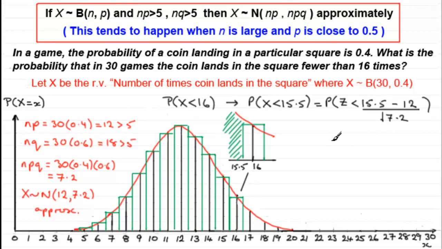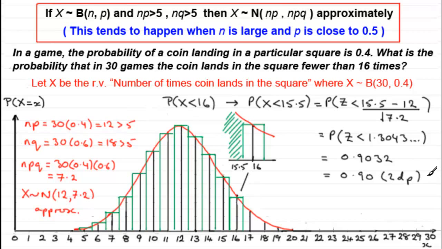And if you work this out, this works out to be a standardized z value of 1.3043, and so on. And then if we look this up in the tables, you'll find that you get 0.9032, which to 2 decimal places is 0.90. Now, if you were to compare this to the actual answer, it was 0.9029.